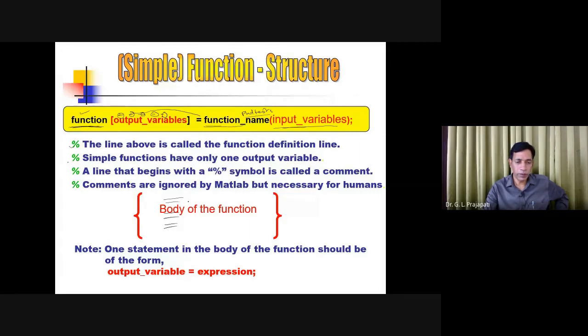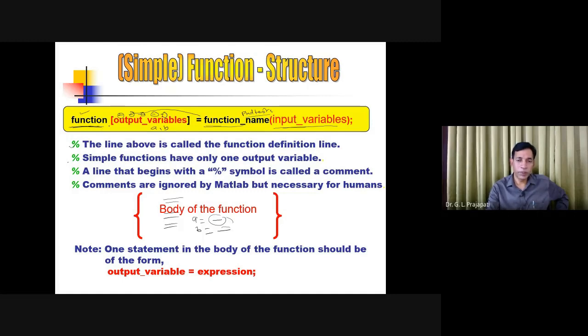And if you have some variables, meaning your function is going to return values, like a and b are two variables for which you are going to return values, then in your body one statement must be like this: a is equal to something and b is equal to something. It means you have to assign the values so that this function is going to return the values to the variables.